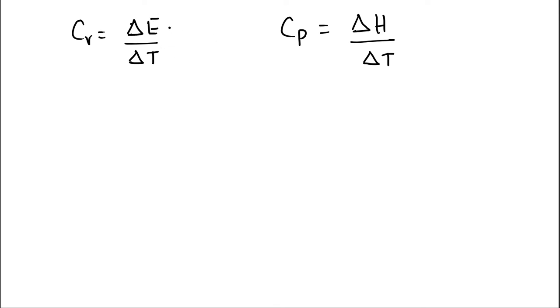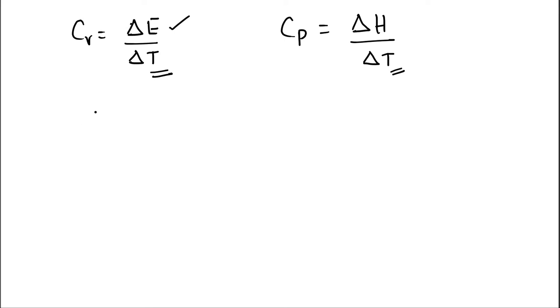The internal energy is basically temperature dependent, and enthalpy is temperature dependent. So let's prove it. Internal energy and enthalpy depend only on the temperature of the system. They are independent of pressure and volume.